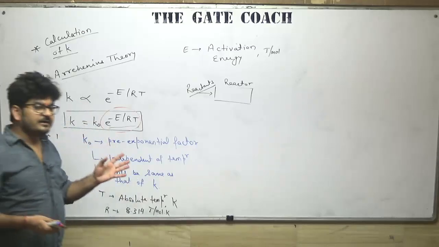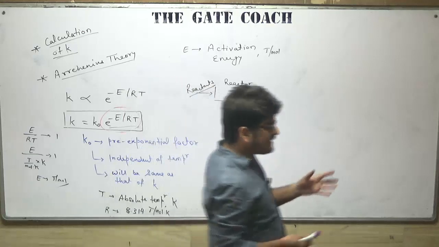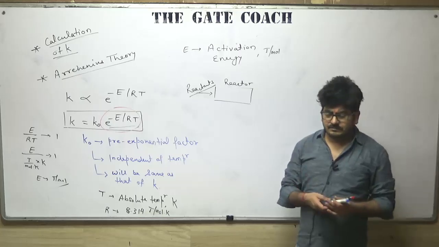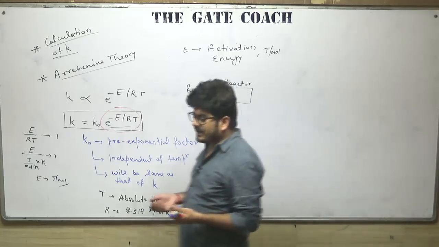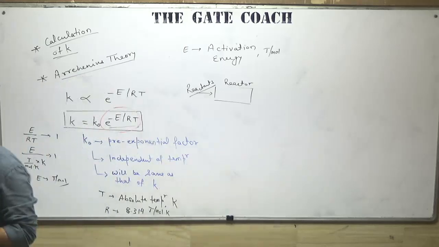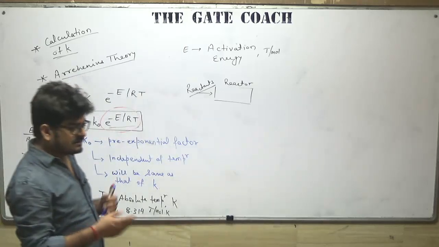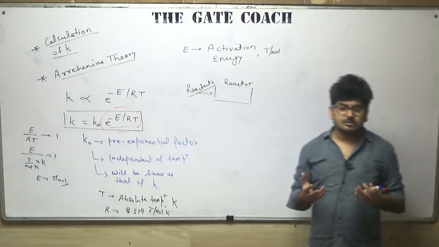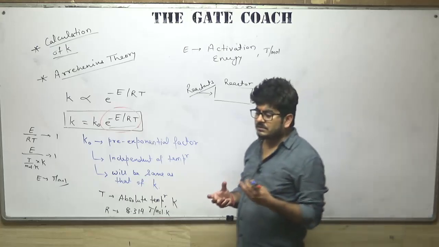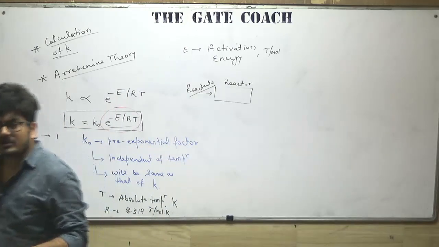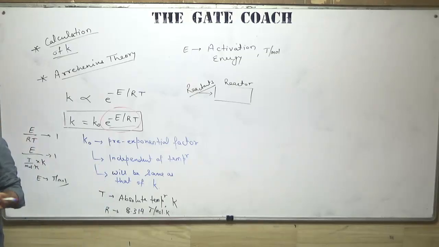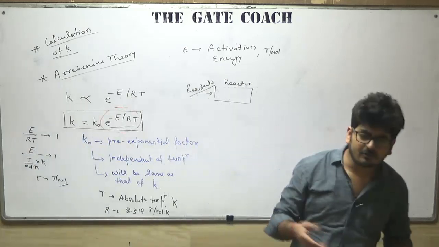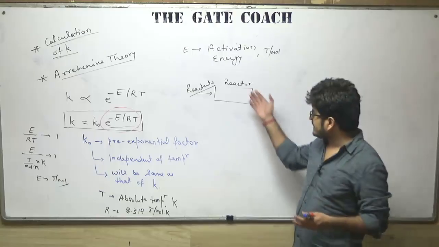So when those reactant molecules enter inside the reactor, if that is a fluid, means liquid or gas, then we know that for liquids and gases, the molecules, the atoms are not stationary. They are always in motion. And when molecules are in motion, they will have a random movement. Like if I talk about a gaseous reaction, then in gases we know that Brownian motion is there. So atoms, molecules will move randomly in a zigzag manner or whatever it is. They will move randomly in this container.